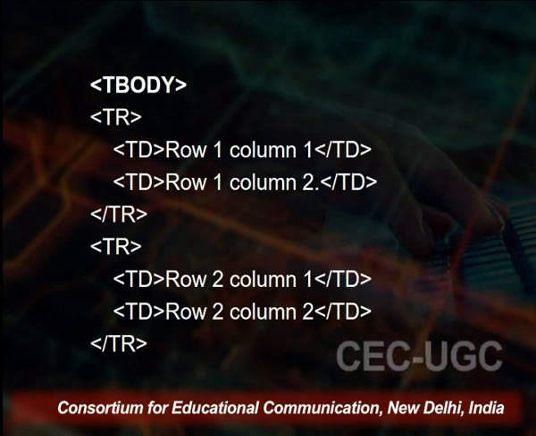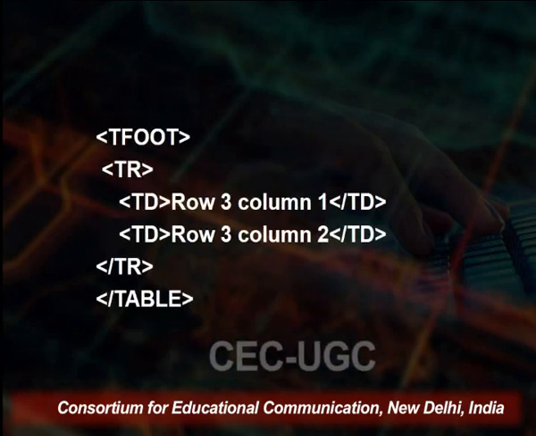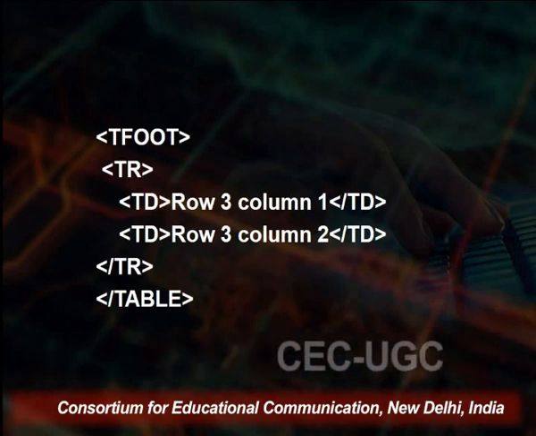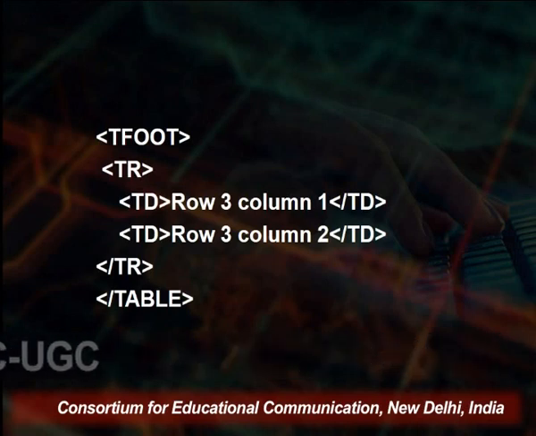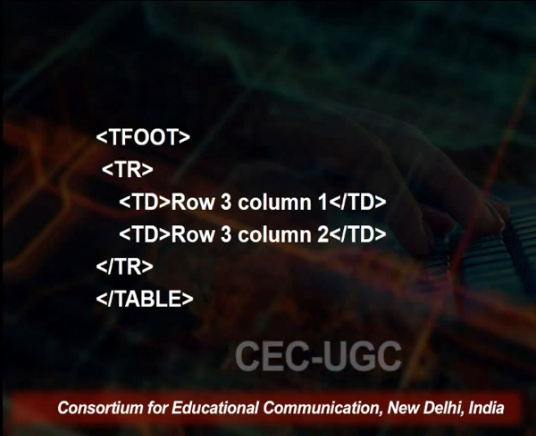Here you can see we have defined 2 rows in the body of the table, and then you have the T foot, or the footer portion of the table, in which the summaries or the totals etc. are going to appear. So, we can create 3 sections like this using 3 different tags, that is T head, T body and T foot.